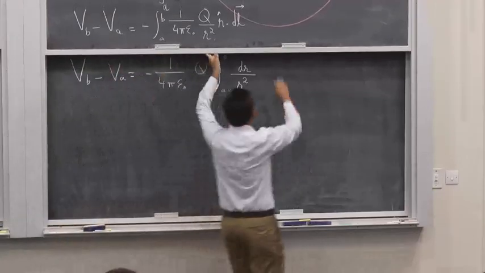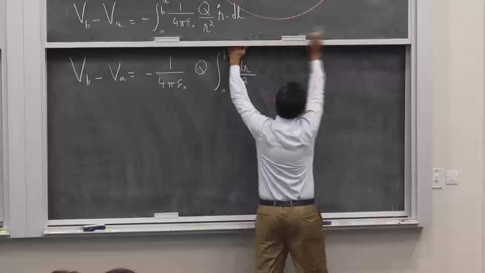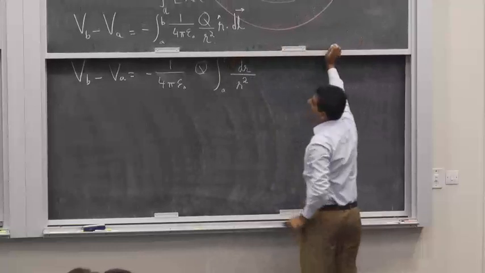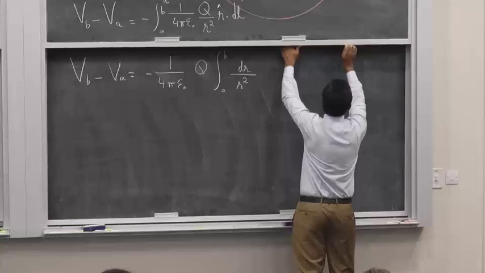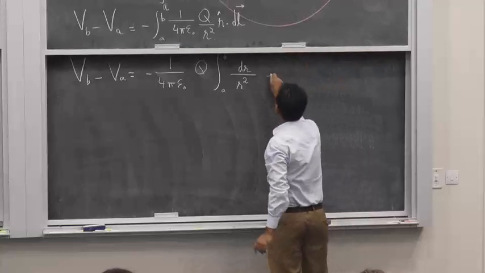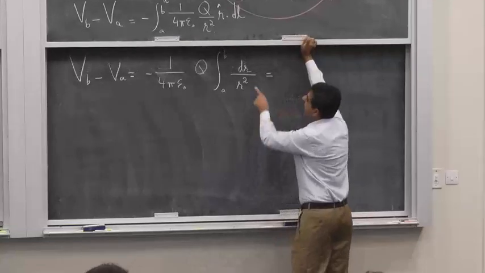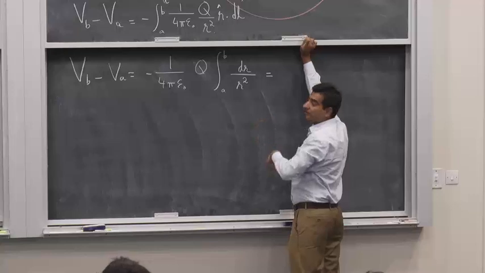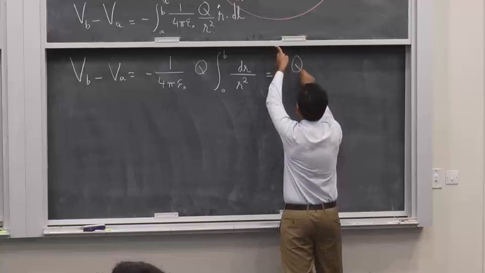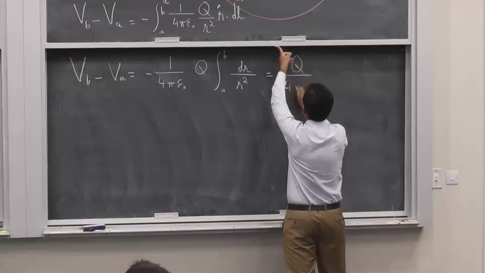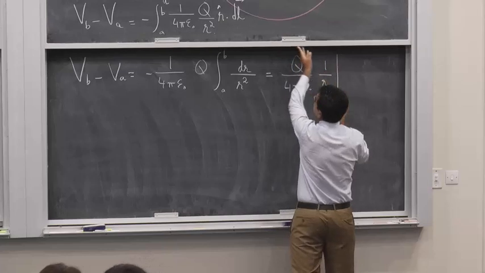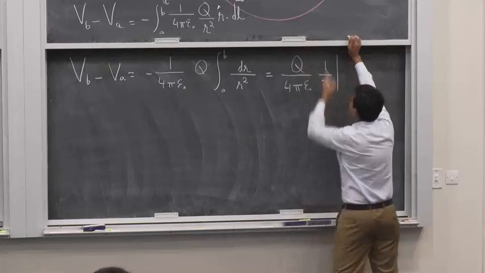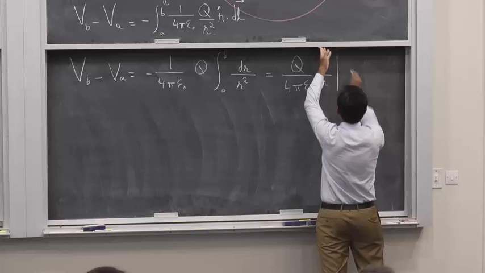You can refer to your previous lecture notes to find out why I have written R dot dl equals dr. This integral is minus 1 over R. So I have Q over 4 pi epsilon naught times 1 over R, where R is going from RA to RB.